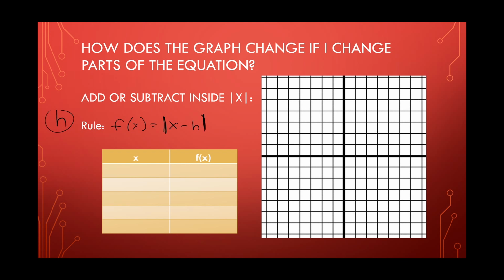The reality is this. When you move that h value, it moves side to side, but it moves in the opposite direction of the number you see. So if you see a positive 4 in here, it's really going to go towards the negative.